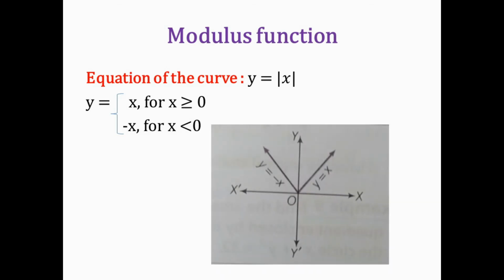Yes, it starts from the origin and passes through the first quadrant when y is equal to x. It starts from the origin and passes through the second quadrant when y is equal to minus x. So the origin is the starting point for this modulus function. And if the value of x is positive, it goes through the first quadrant.